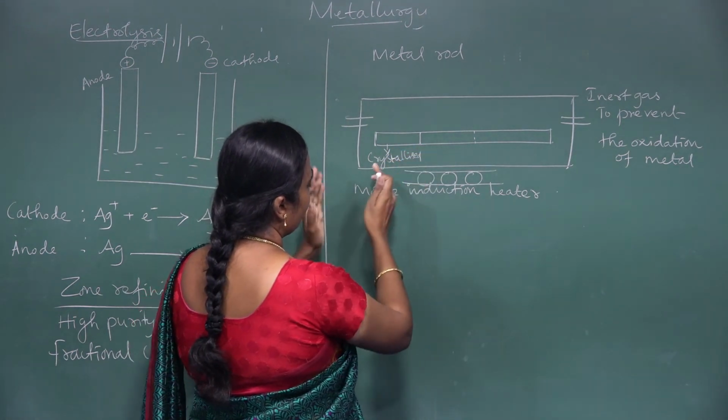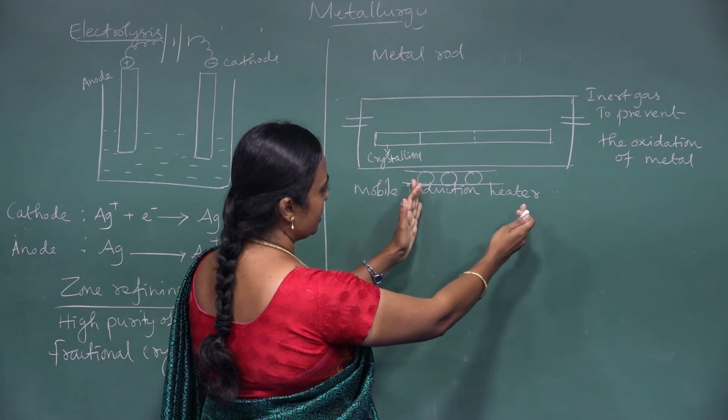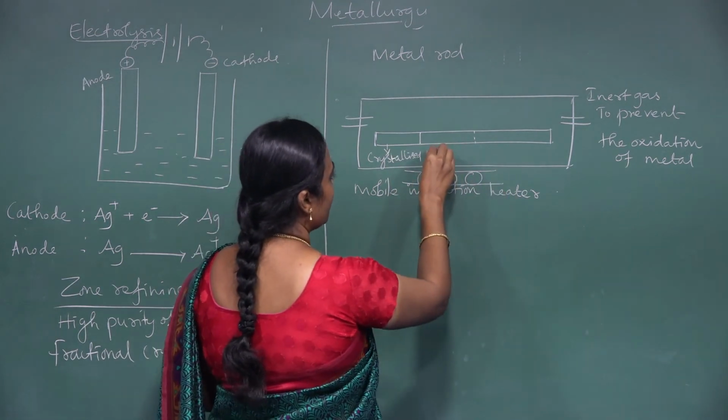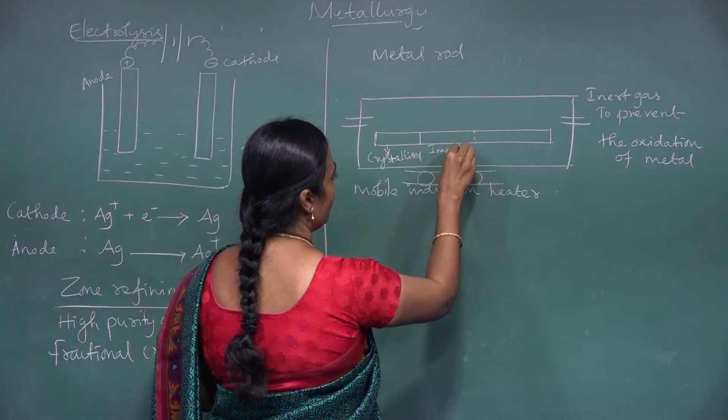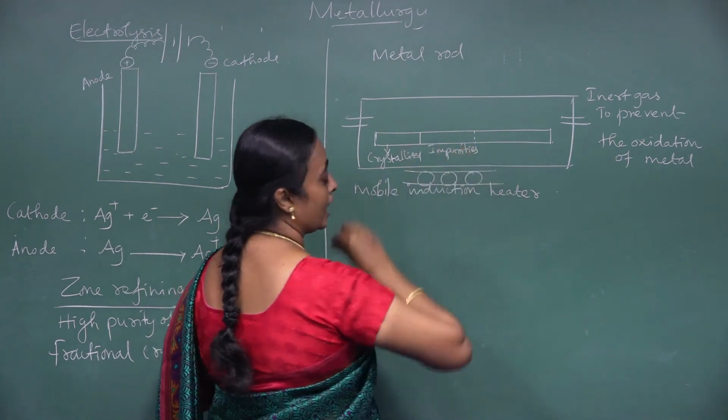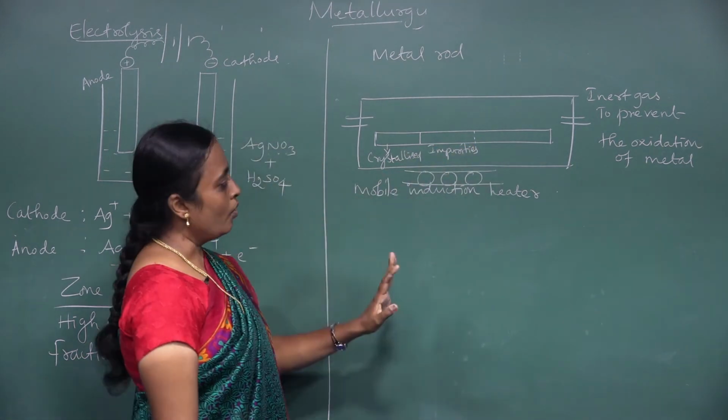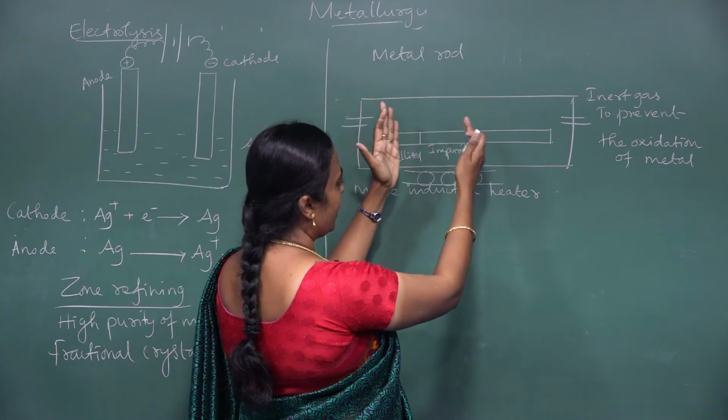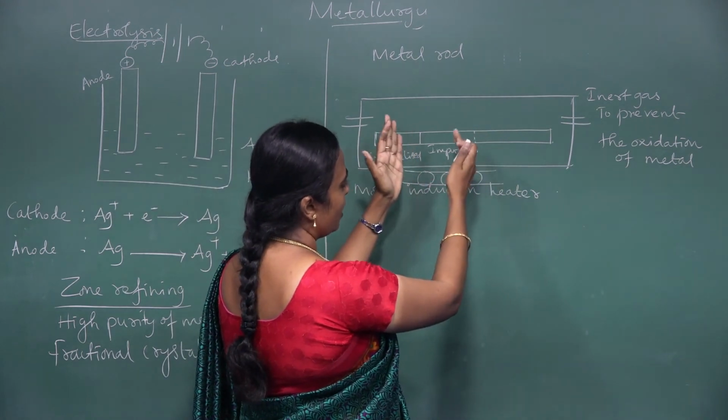Whenever you move the mobile induction heater to another zone, the impurities also have to move along with it. Next, this zone is heated again.